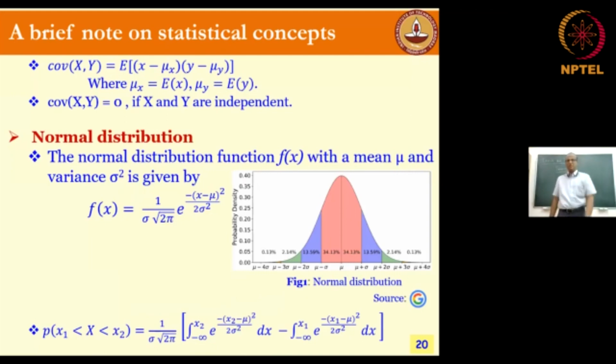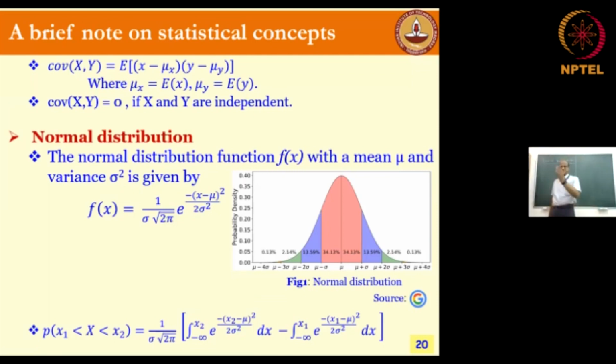Normal distribution. Look at this. It has a bell-shaped curve. If you add the orange or light pink plus blue plus green, that is mu plus or minus 3 sigma, about 99% of the curve is obtained. How is that curve obtained? f of x equals 1 by root 2 pi sigma square, all that. That is the ordinate.